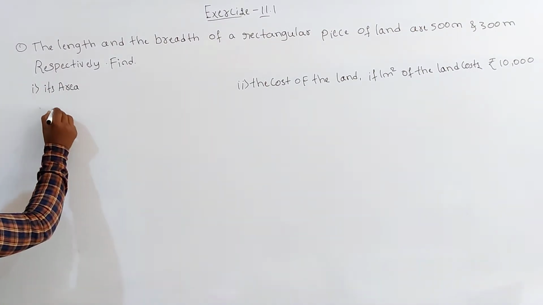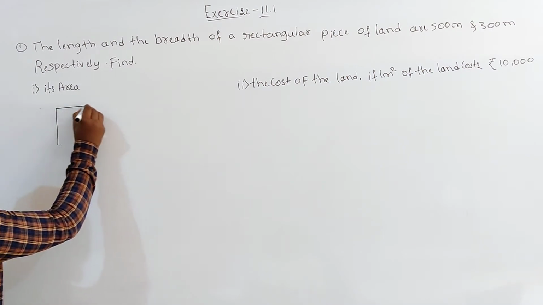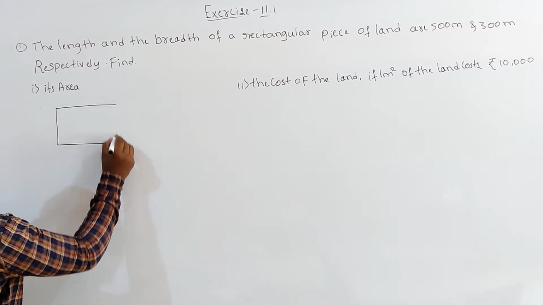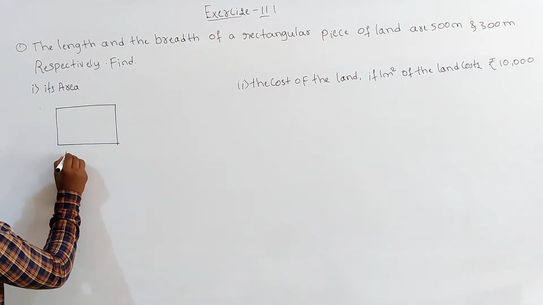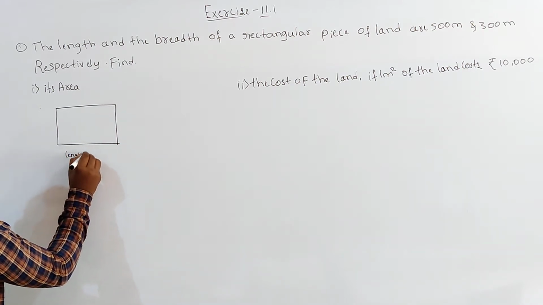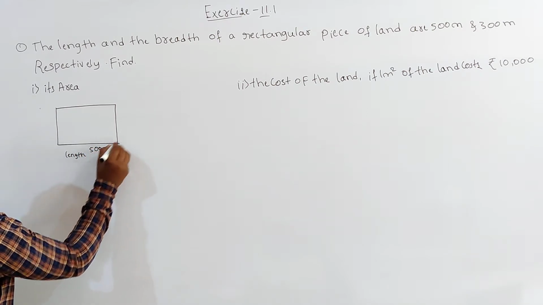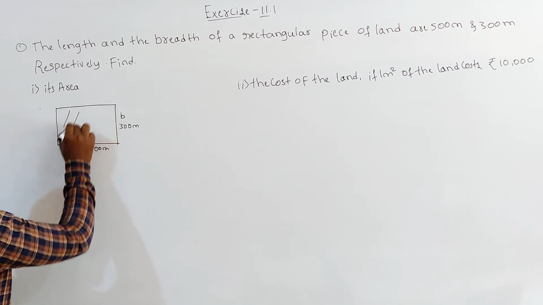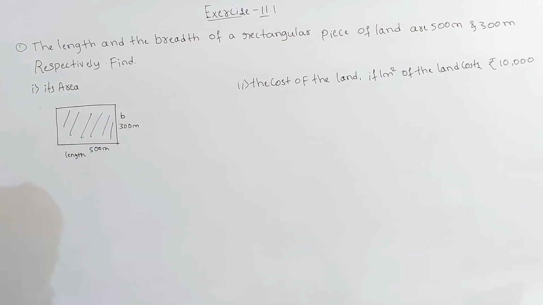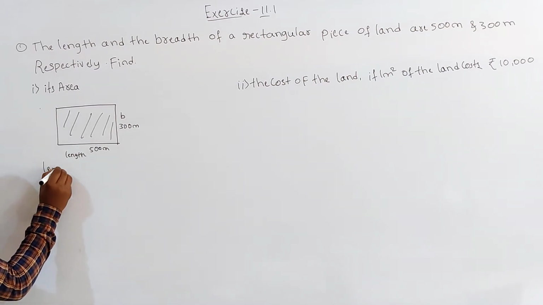They have given one rectangle, and its length is 500 meter and breadth 300 meter. They ask to find the area of the rectangle.